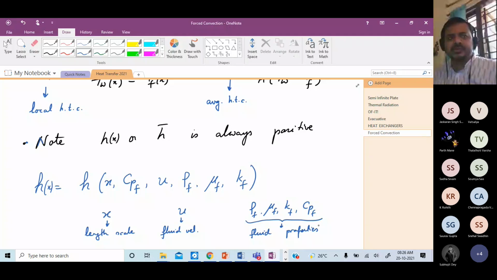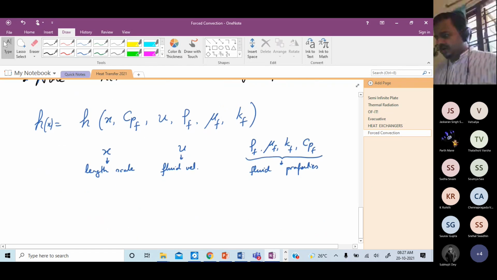Actually, you will see viscosity most of the times hurts, because the inertial forces go down, and therefore the amount of heat that can be dissipated also goes down.